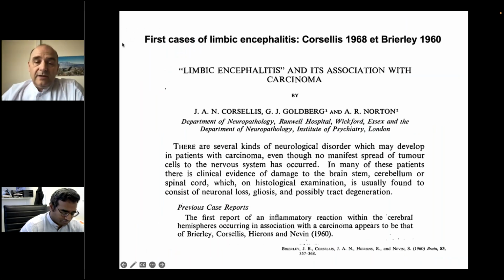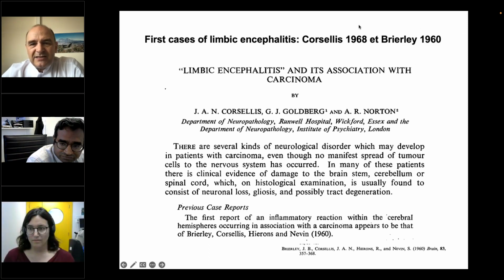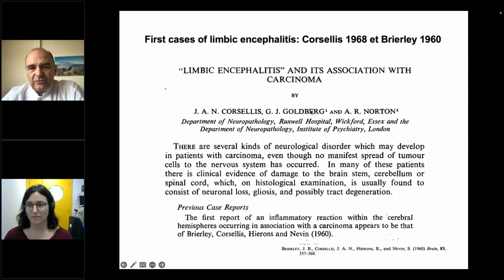Autoimmune encephalitis. First, what is an autoimmune encephalitis? It was not obvious. The first cases were described in 1960 and 1968 by Brierley and Corsellis, in patients with temporal seizures, confusion, and anterograde amnesia, all of whom had an associated cancer.